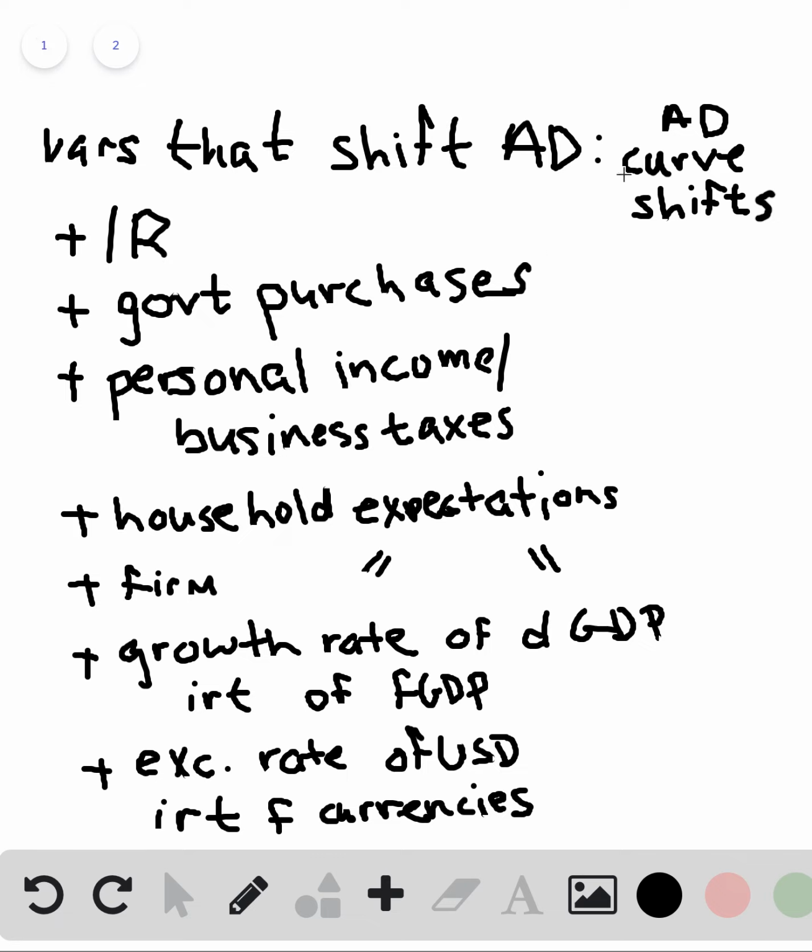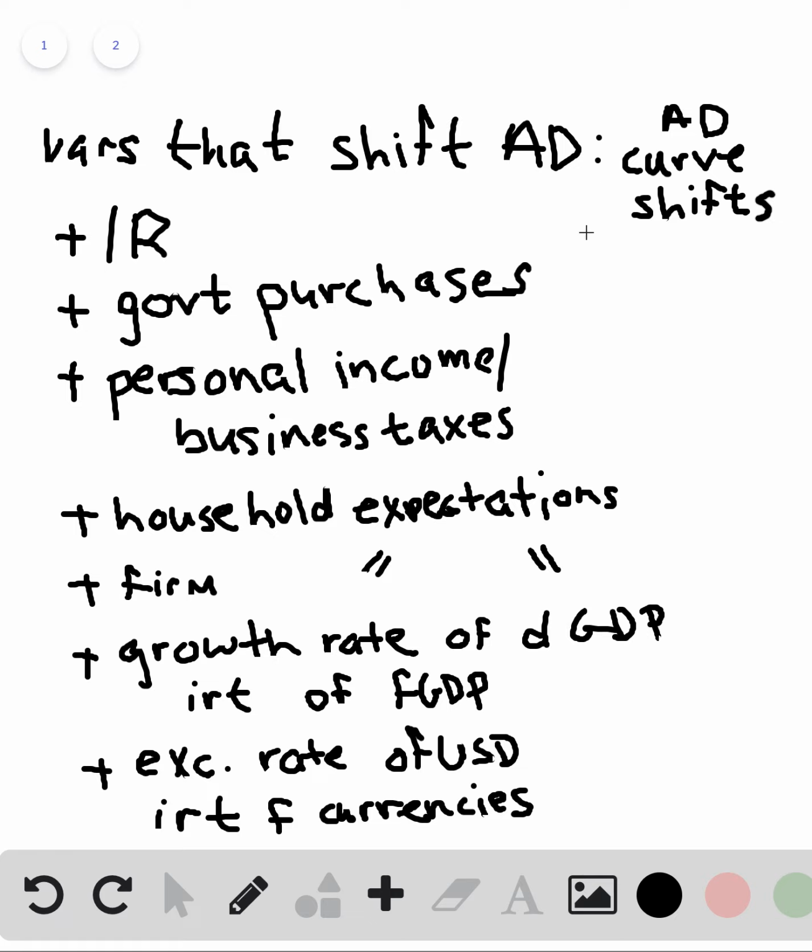If there is an increase in the interest rate, which we have here as IR, that means that there will be a leftward shift in the AD curve because consumption will be decreasing.